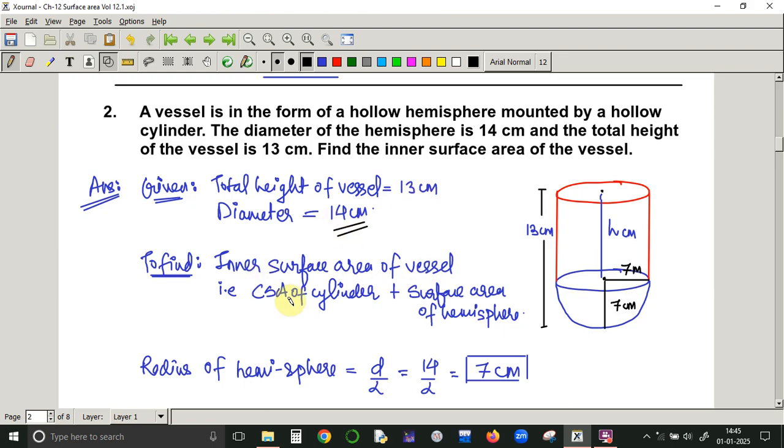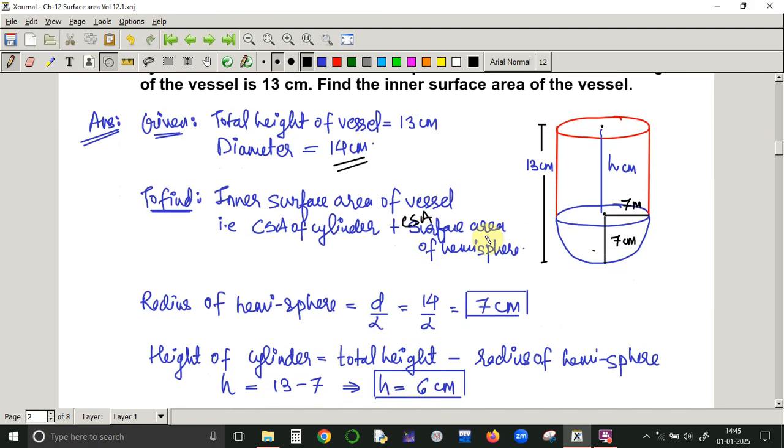Inner surface area of vessel is equal to CSA of cylinder plus CSA of hemisphere. So here the surface area I mean is CSA, curved surface area of sphere. So you can write CSA of hemisphere. Observe that both of them have the same diameter, so radius will be 7 centimeter.